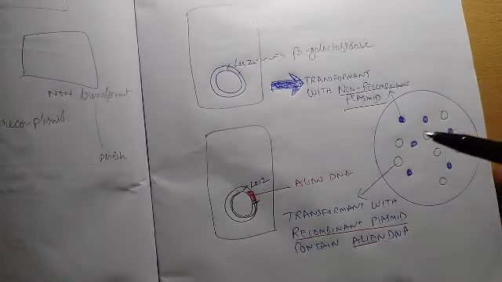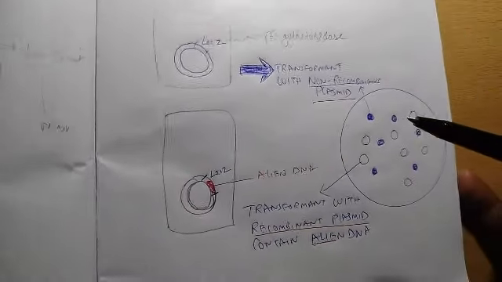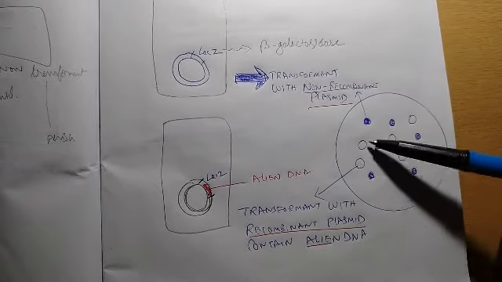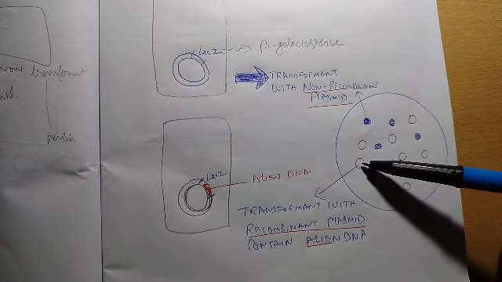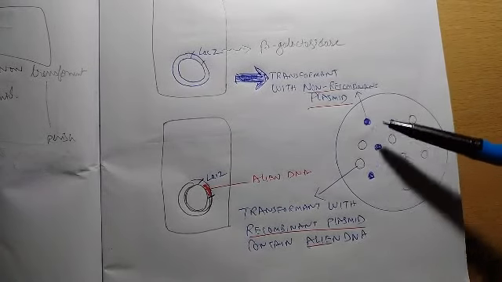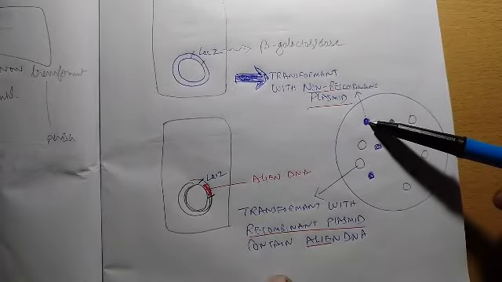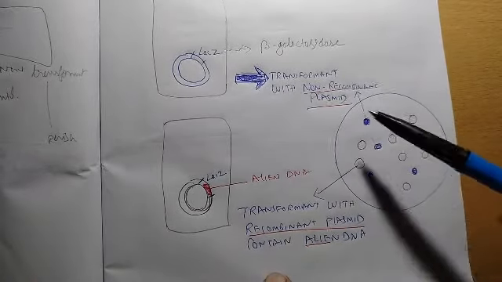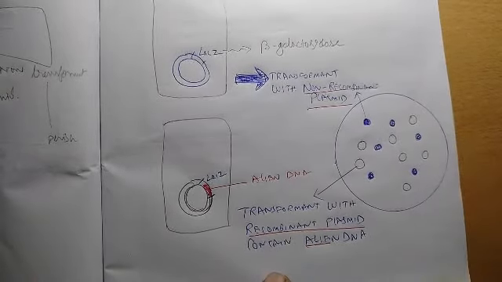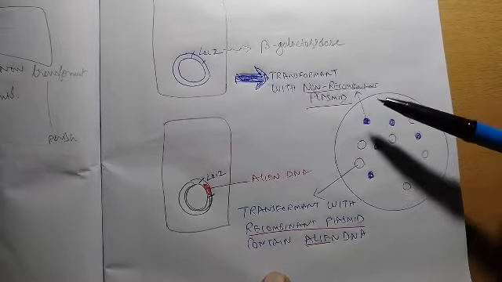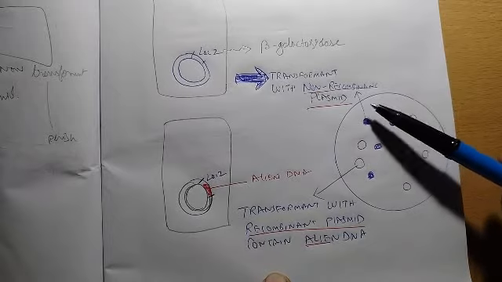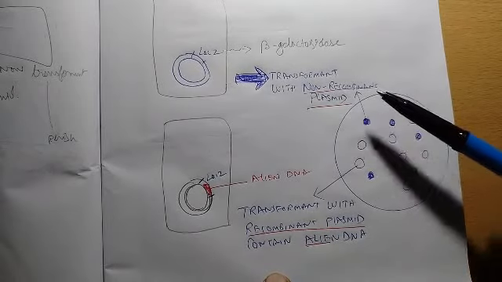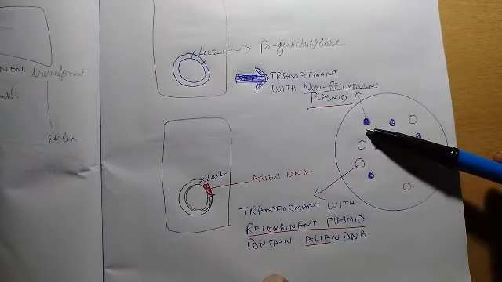This is a very clear-cut differentiation where we can isolate these distinct colorless colonies as transformant colonies. The blue colored bacterial colonies are the non-transformants, containing the non-recombinant plasmid. Okay.